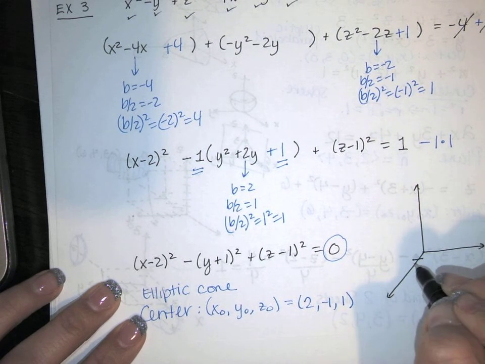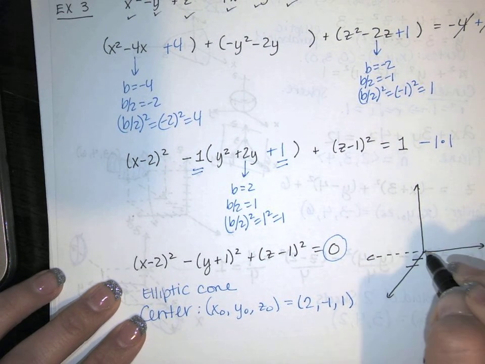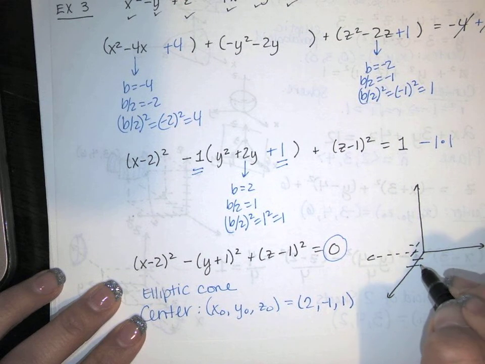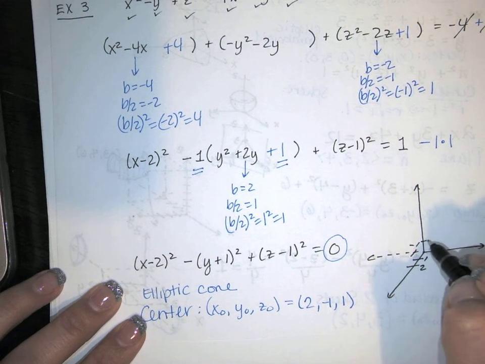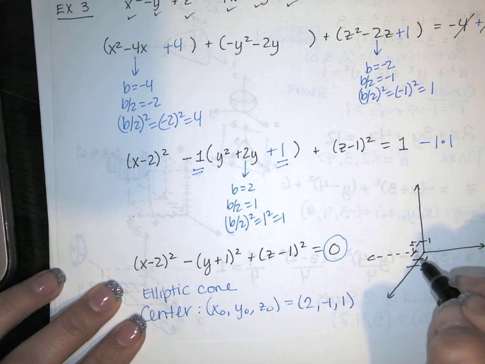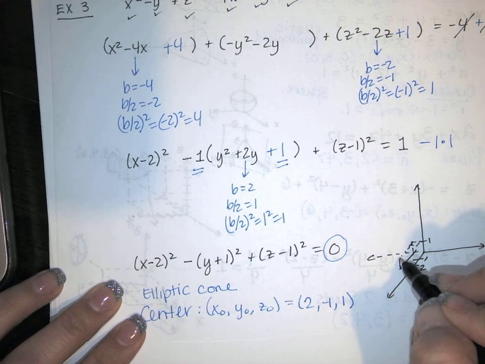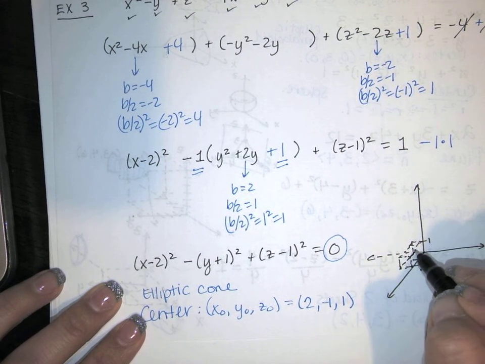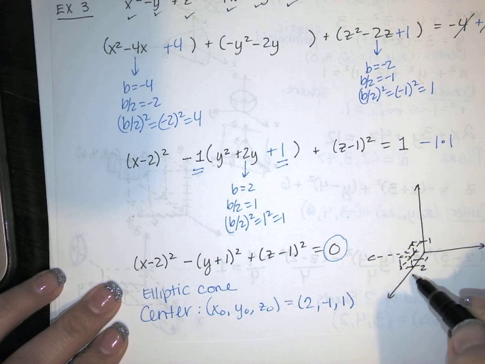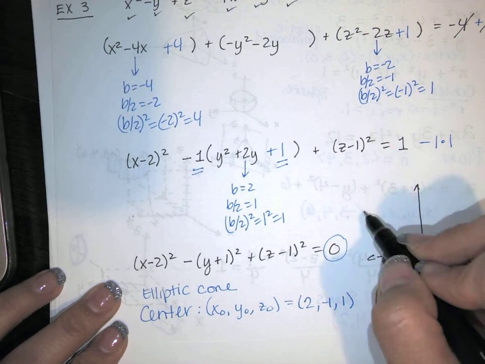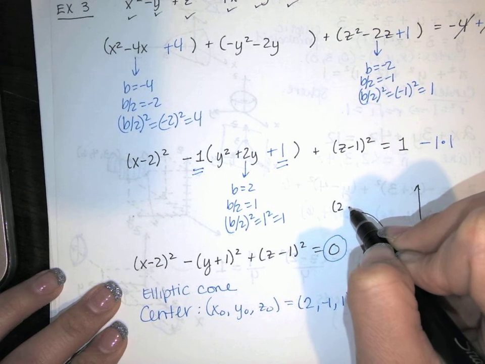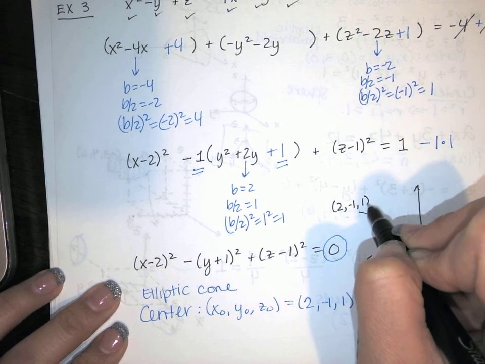We go 2 units in the x direction, minus 1 unit in the y direction, and up 1 unit in the z direction. So we go up 2, back 1, up 1. That's our center point.